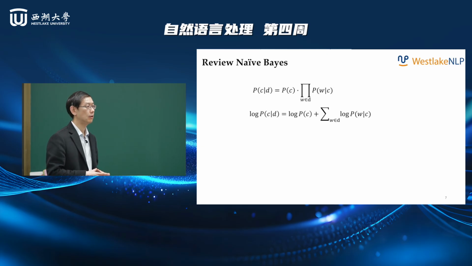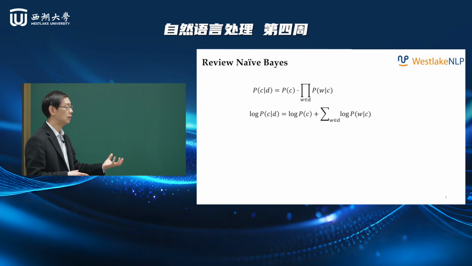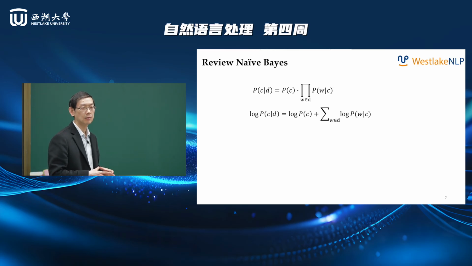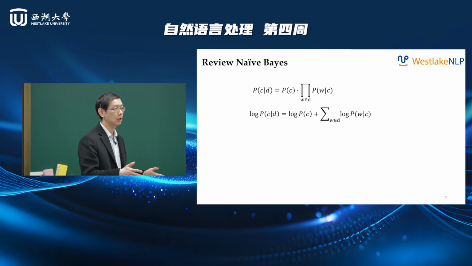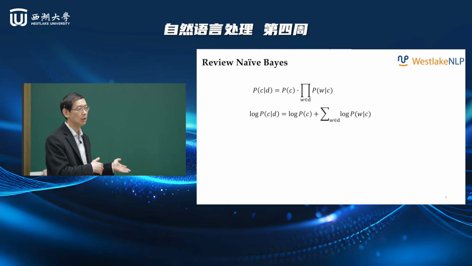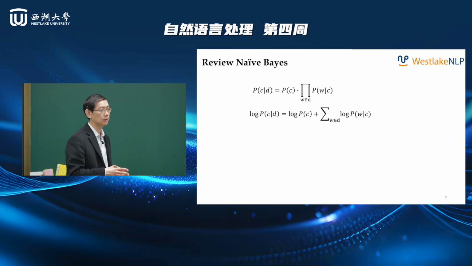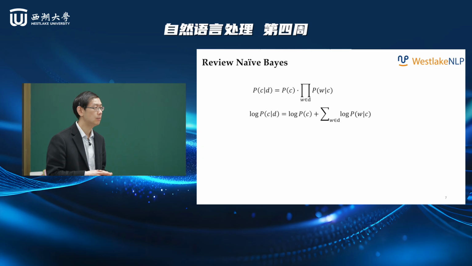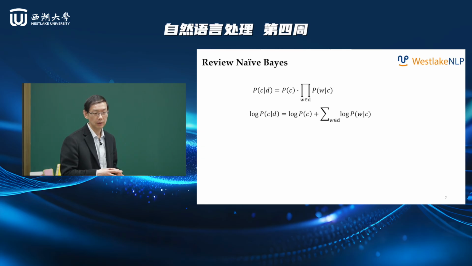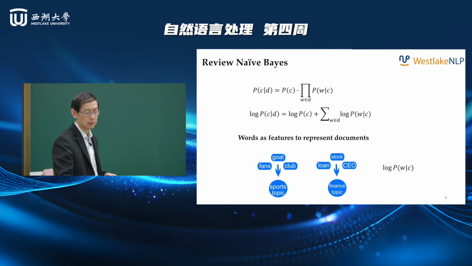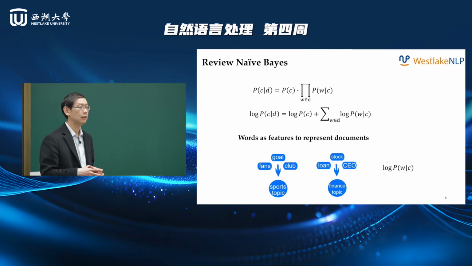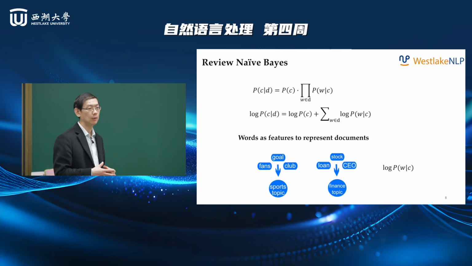One type of parameter is P(c). So how likely is your class label beforehand? If you're given a random document, how likely is it positive, or how likely is it technical news? The second is the association between a word and a class label. This is the very important pattern we want to use.